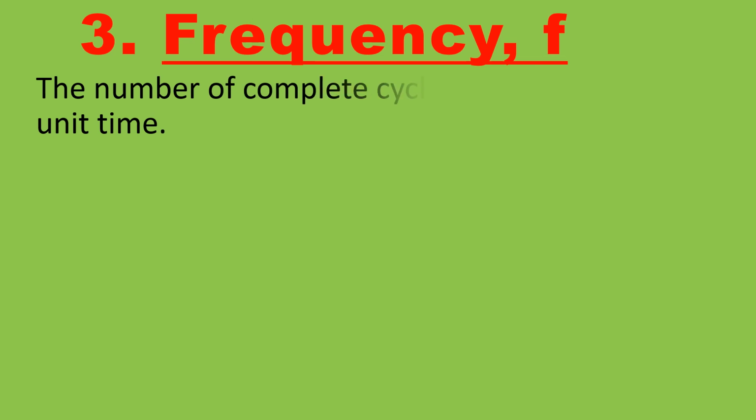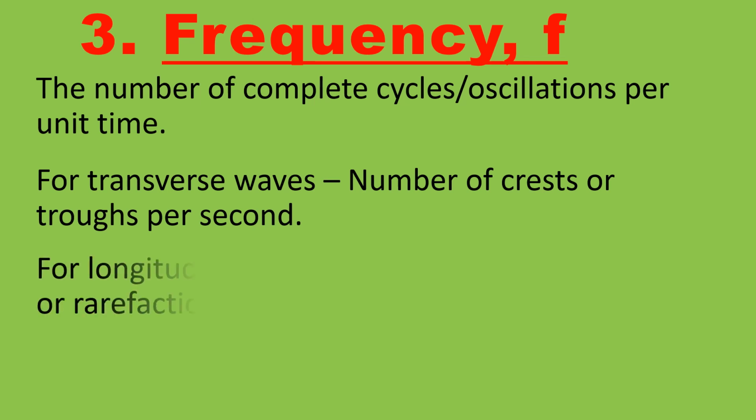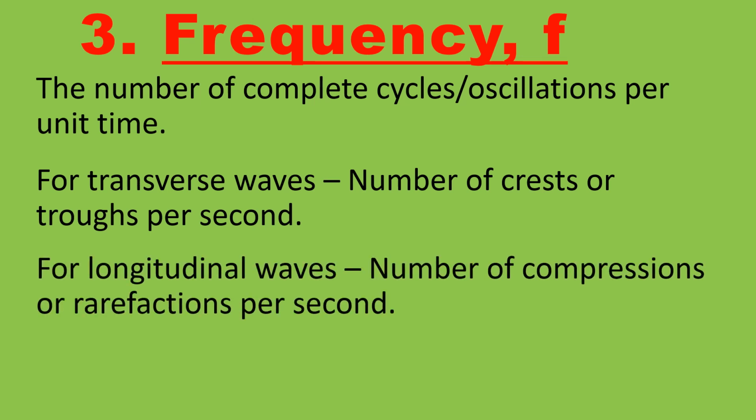Our third property of the waves is frequency, which is usually denoted by small letter f. This is the number of complete cycles or oscillations per unit time. For transverse waves, frequency refers to the number of crests or troughs per second. Whereas for longitudinal waves, this is the number of compressions or number of rarefactions per second.